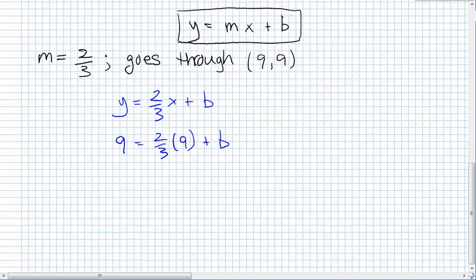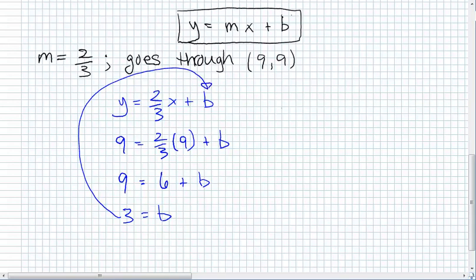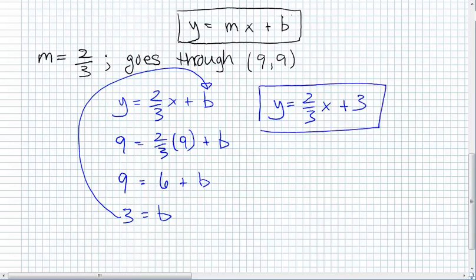And you'll notice the only unknown here is b. And b obviously has to be equal to 3. In other words, the equation of the line is y equals 2 over 3x plus 3. And that's how we can write the equation of a line.